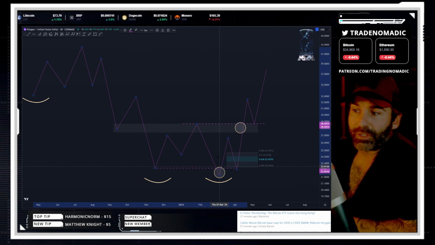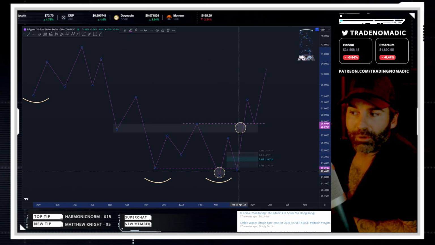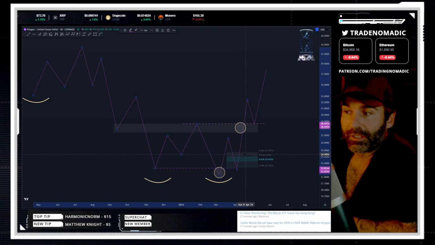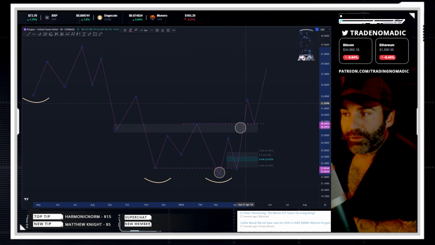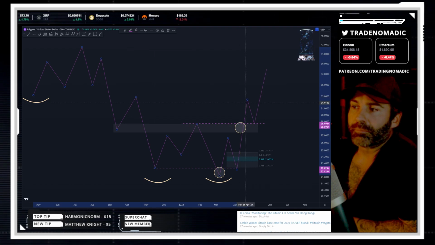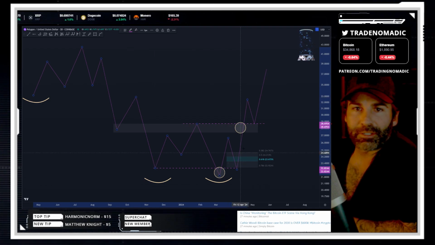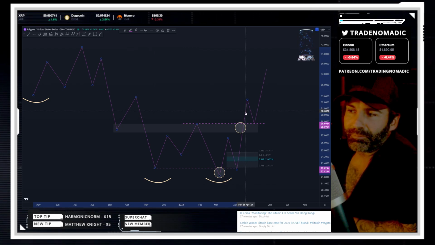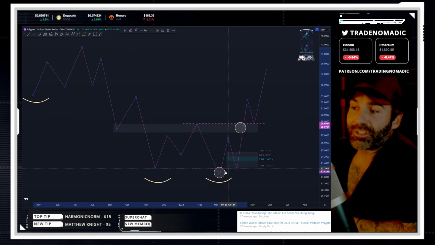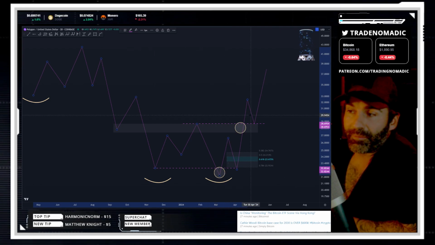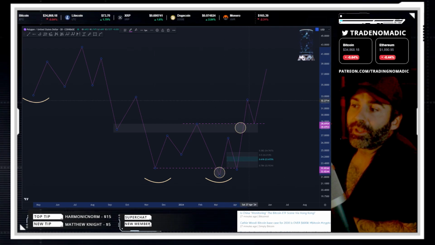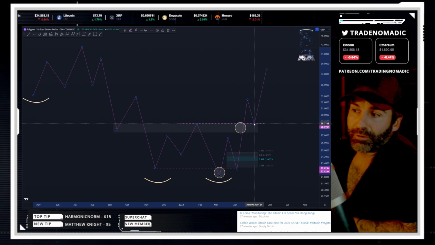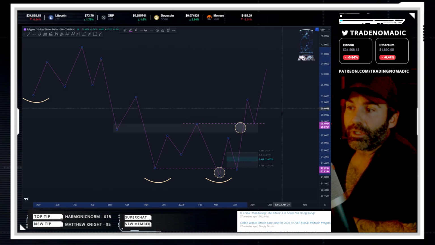You don't get a second sweep. You get a higher low of some kind wherever it's going to be, and then you get the move up. It might not necessarily be in a straight line like that. Sometimes it is. It's crypto. But the point being is this is going to be your bottom. In some fashion, you're going to get a move up. You're probably going to come back down, back test, and then go.